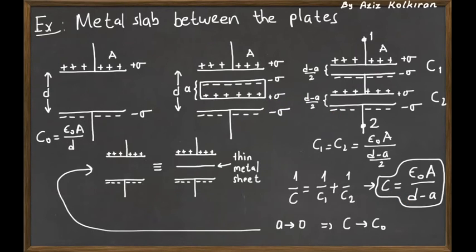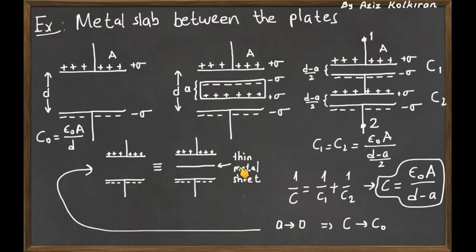That means this, when you look at this two capacitor configuration, when you insert a very thin metal sheet between the plates, there will be no difference between the capacitance of these two configurations, as long as you keep the distance of these two plates the same.